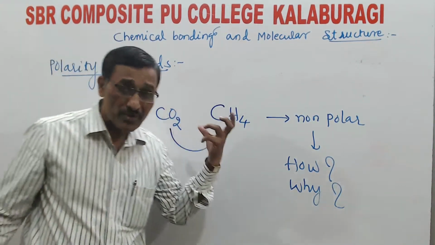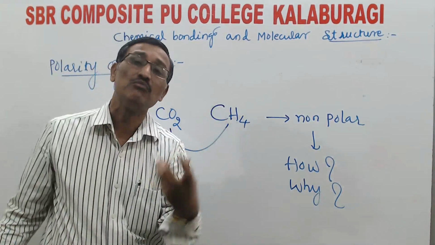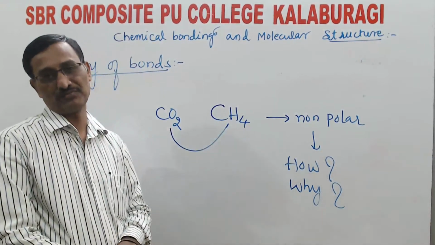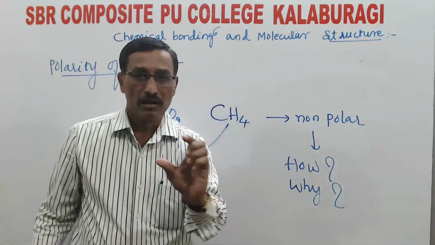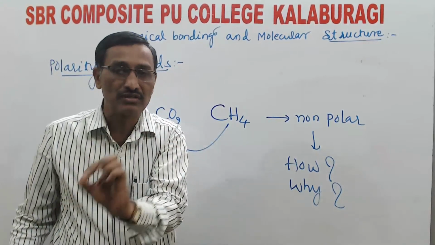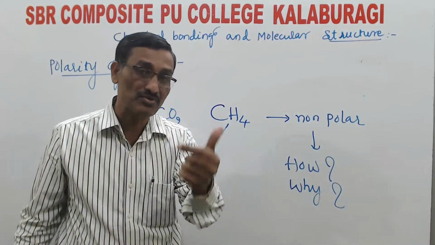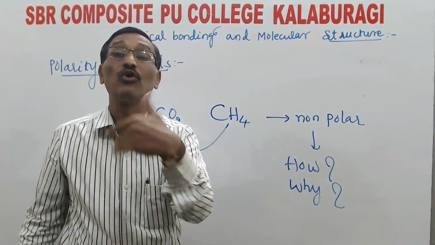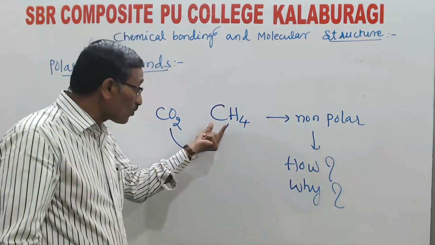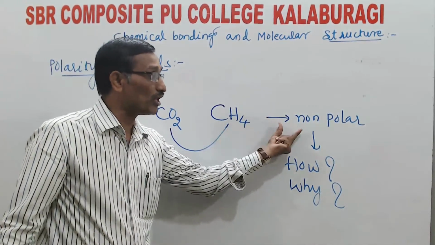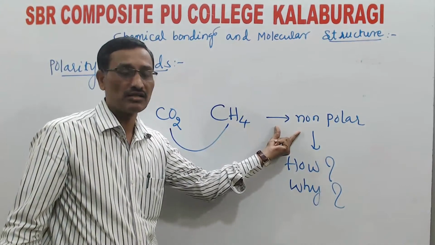Then which one measures the degree of polarity in a molecule? Because there is a partial charge separation between the two bonded atoms, such molecules are known as polarized. But here too there is a difference in electronegativity, yet the molecule seems to be non-polar.